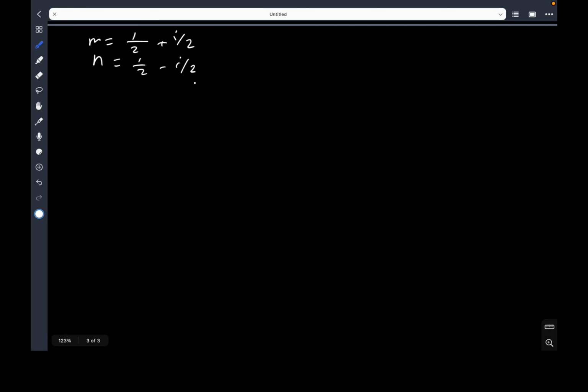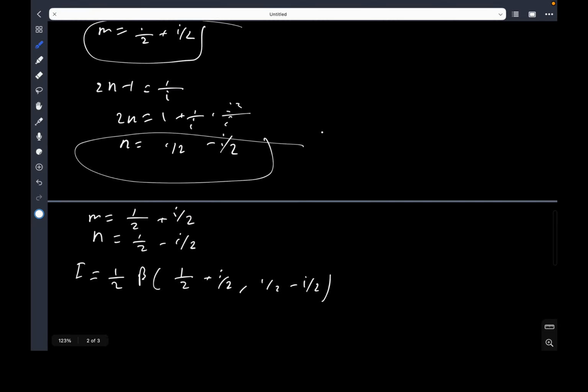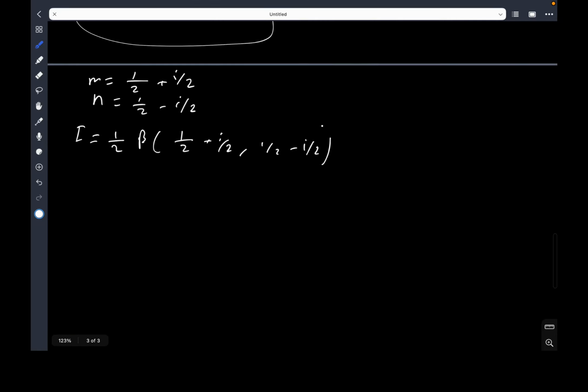So now I can plug it in for the beta function, which is going to be half beta of half plus i over 2, half minus i over 2. So this is our thing here.